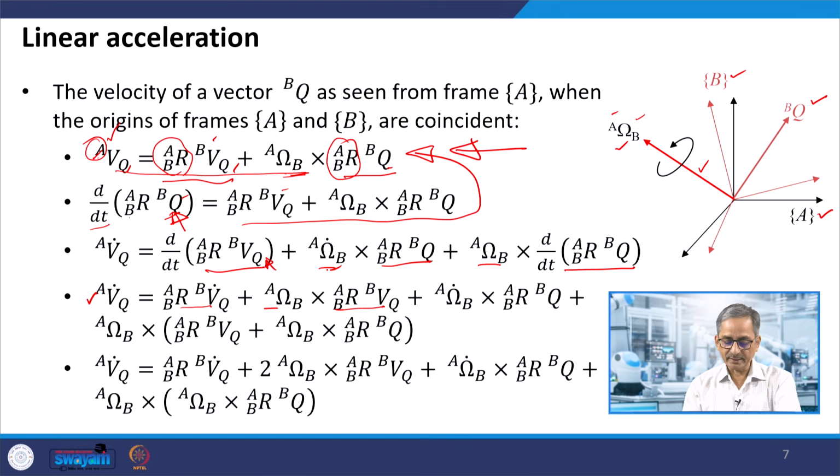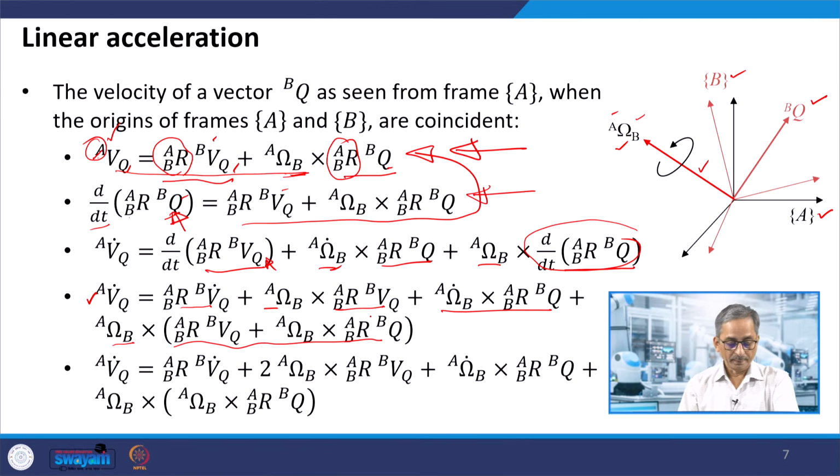Plus we have the same term over here, plus omega BA, plus I am now expanding this one and writing it over here from this equation.